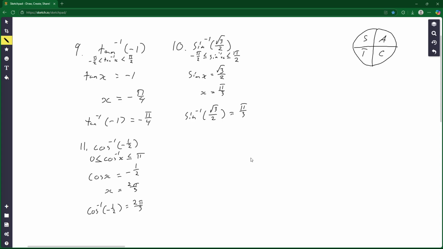And how did I do this without just looking at a calculator or a unit circle? I don't have my unit circle with me right now. I just memorized this table: sine, cosine, tangent. We have 0 degrees, 30 degrees, 45 degrees, 60 degrees, and 90 degrees.